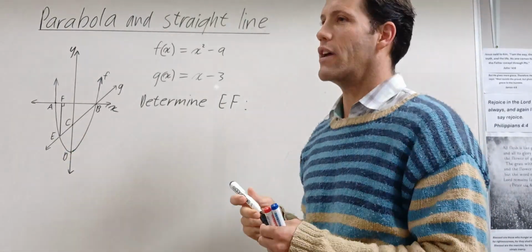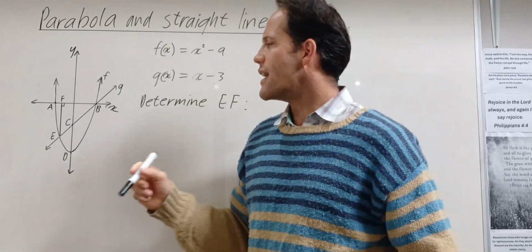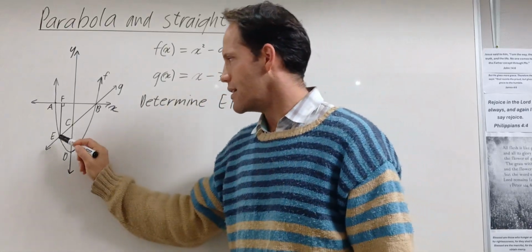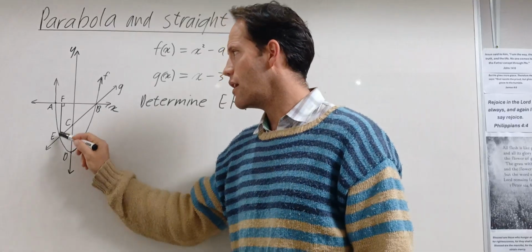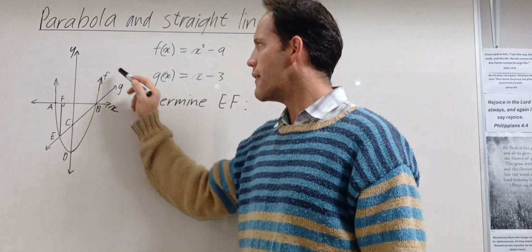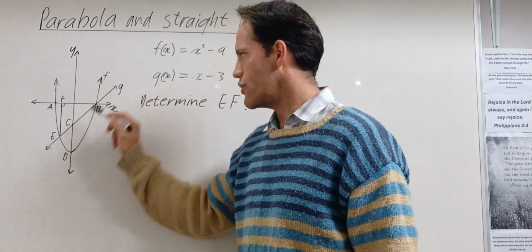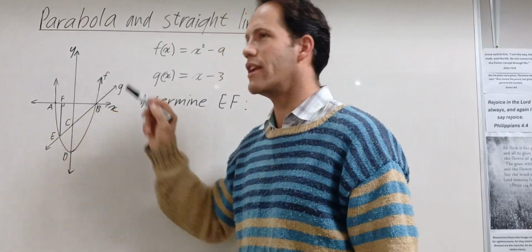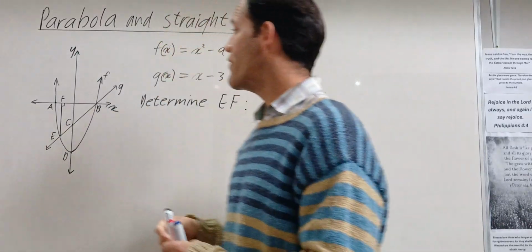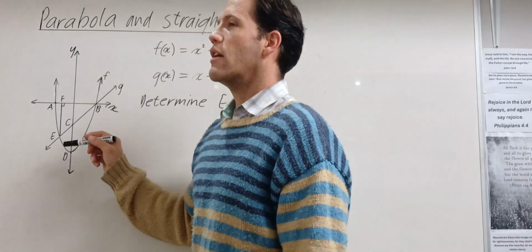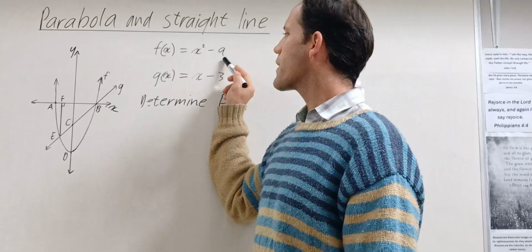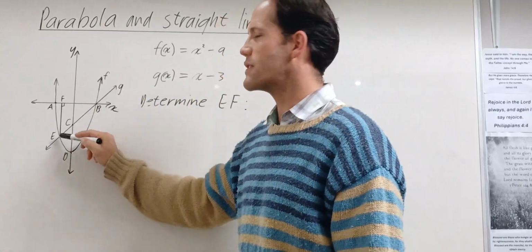Now this is something very important. If they say determine E, if that was a separate question, determine E, the intersection of the parabola and the straight line. Can you see E is where the parabola and the straight line intersect? Okay? So if that's the question, all you do is you put the equation of the parabola equal to the equation of the straight line.